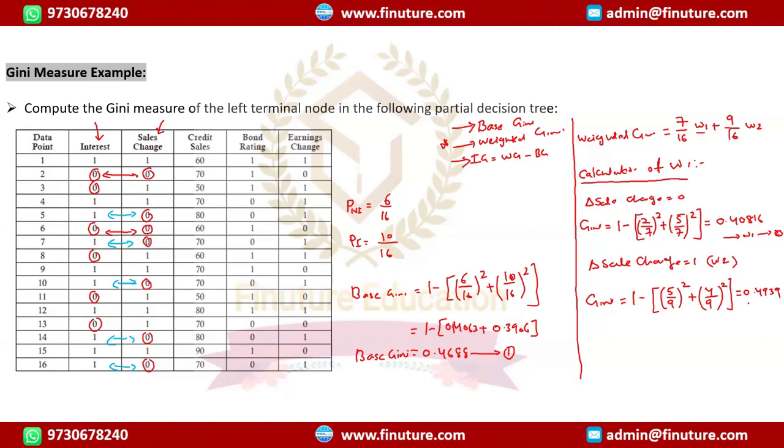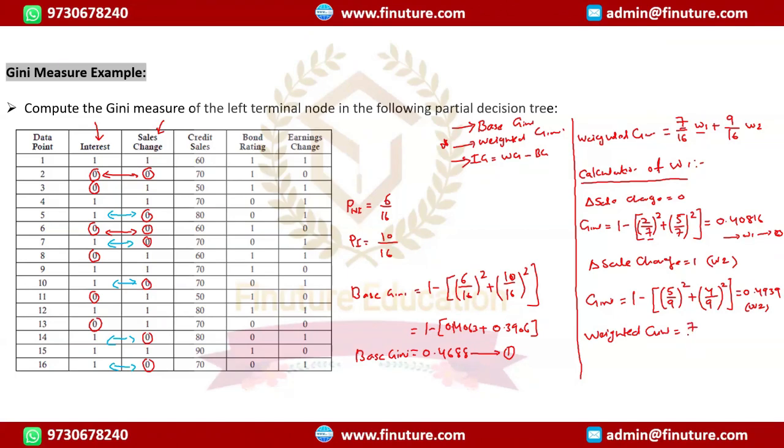Like are you following? This one is W2. Now I will substitute W2 and W1 in my weighted Gini, which would be equal to, for 7 over 16. Be very careful with weights. Ensure that you're picking this W1 when you had a denominator as 7 and over here its numerator is 7.